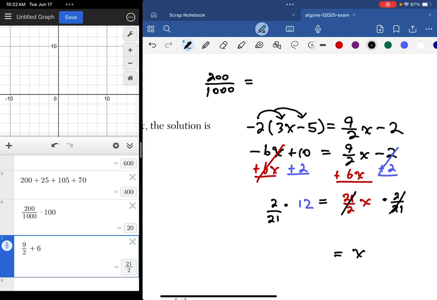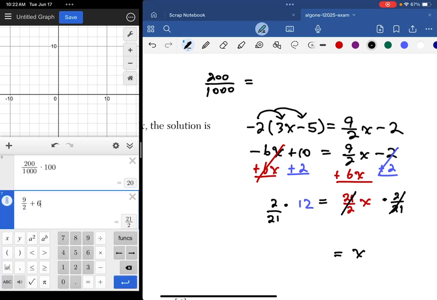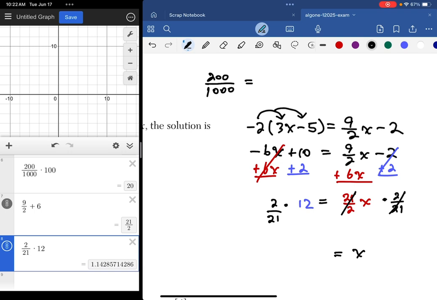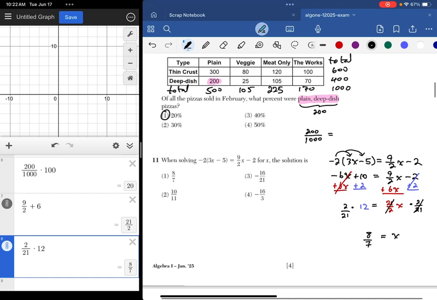I'm going to take my 2 over 21, just hit enter here, get to a new line, 2 over 21, and multiply that by 12. All right, again, fractional answers available, so I tap on it, and I get 8/7, which is choice 1.